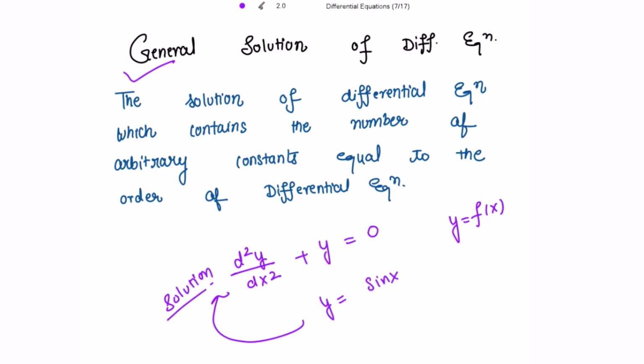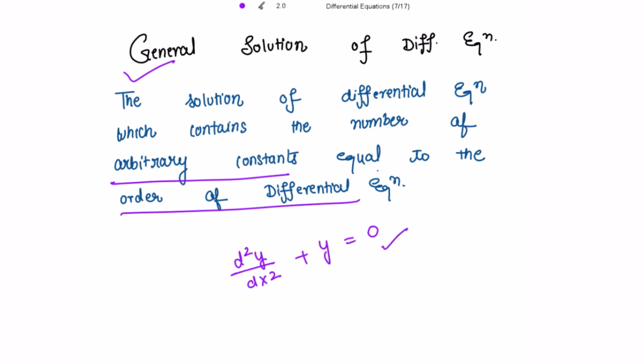Now what is the general solution of the differential equation? The solution of a differential equation which contains a number of arbitrary constants equal to the order of the differential equation. What is the order of this differential equation? It is 2, right? So its general solution contains 2 arbitrary constants.